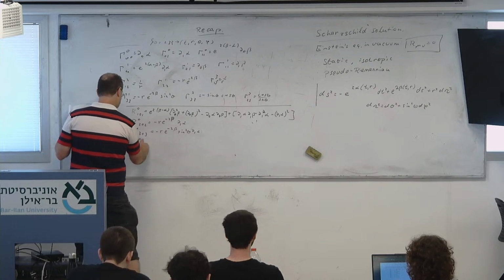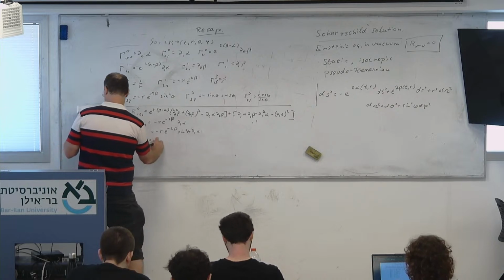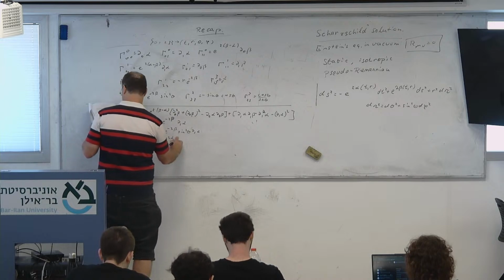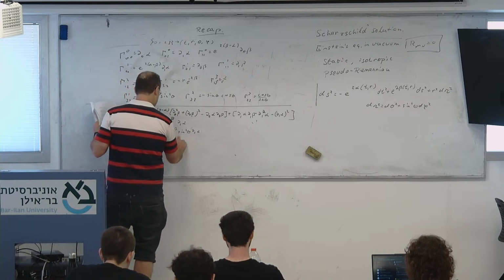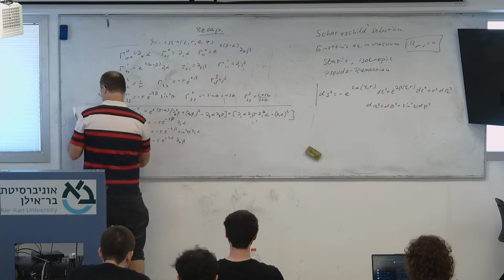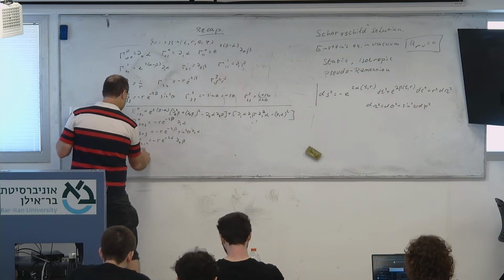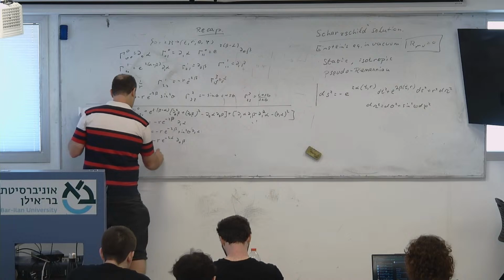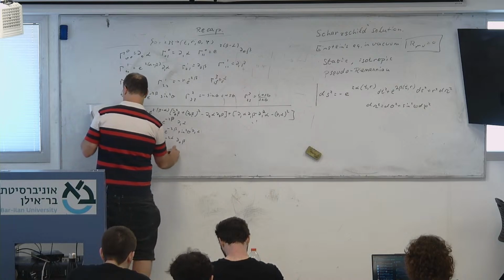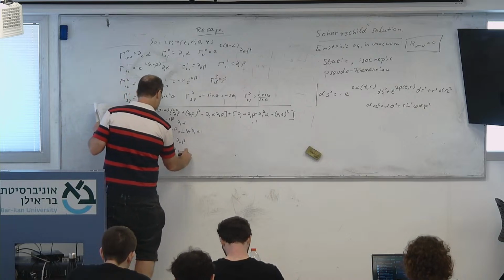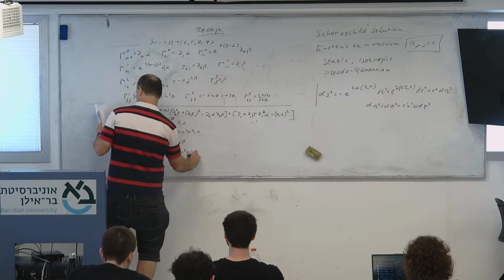R 0,2,1,2 is minus r e to the minus 2 alpha d0 beta. R 0,3,1,3 is minus r e to the minus 2 alpha sine squared theta d0 beta.